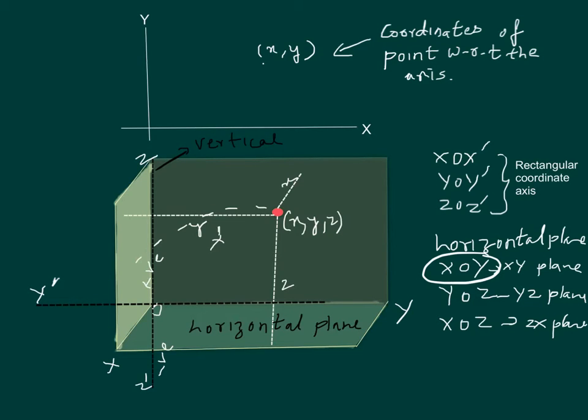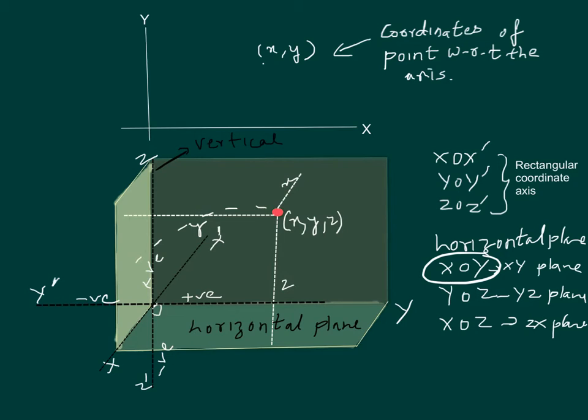Similarly, consider the ZX plane, that is XOZ, and the line perpendicular to it, that is YOY dash, will be the vertical corresponding to the ZX plane. Then the distance measured to the right, that is towards OY, is taken as positive, and towards OY dash is negative.